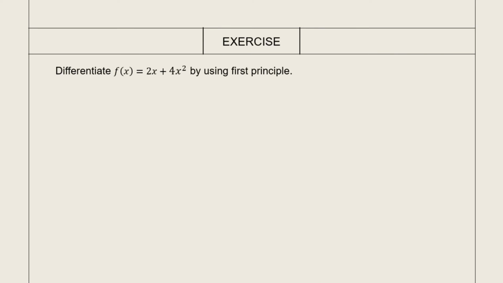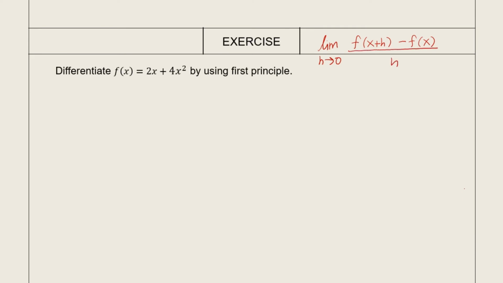Okay, let's see this example where we have been asked to differentiate a function of 2x plus 4x to the power of 2 by using first principle. Again, remember the first principle of differentiation can be found by using the formula of limit h approaching 0, f(x plus h) minus f(x), divided by h.